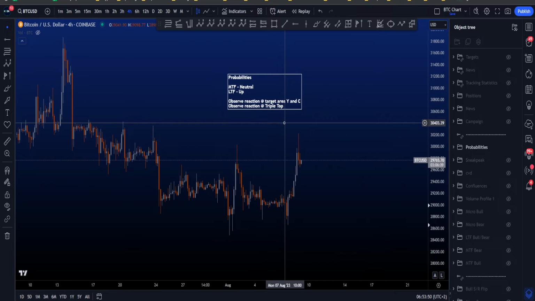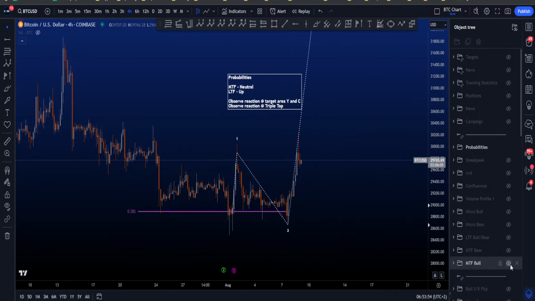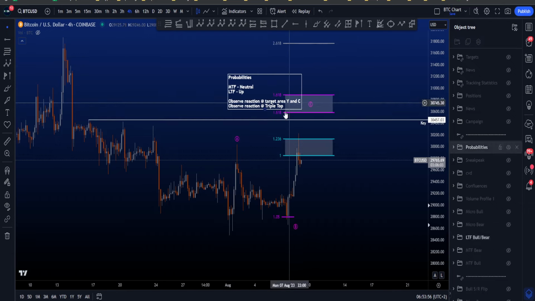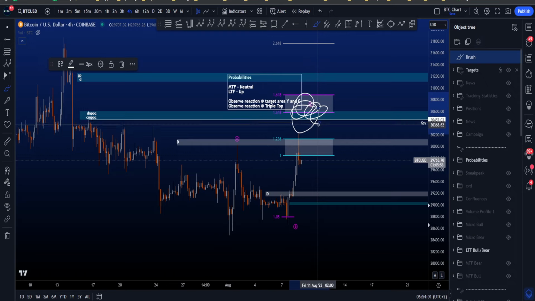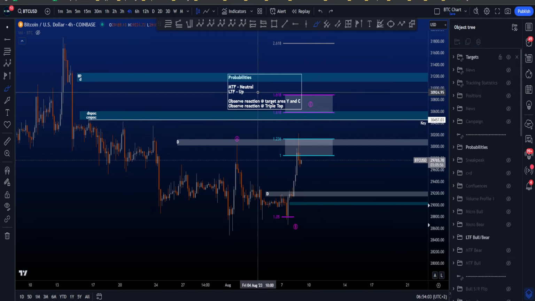So the probabilities then, well, on the medium time frame, I am neutral because we are looking for the reactions at that zone, which is this area over here, right? We are looking for the reaction over here. Based on this reaction, we can decide what is most likely on the medium time frame.